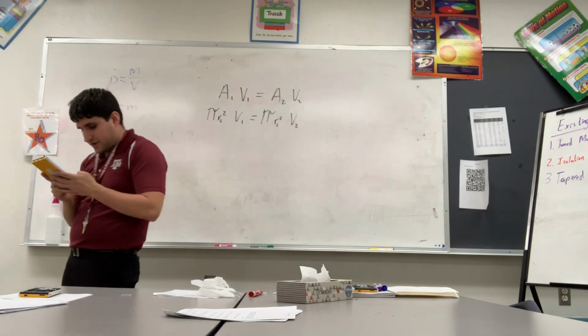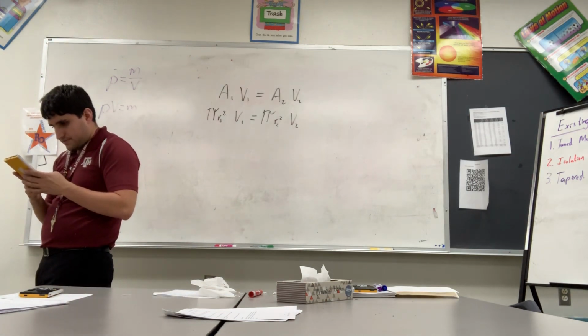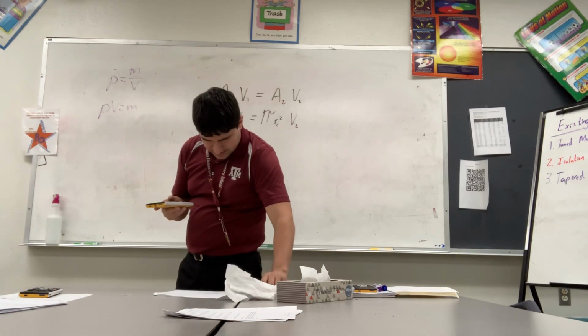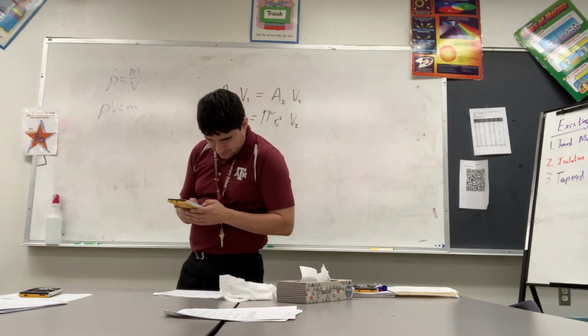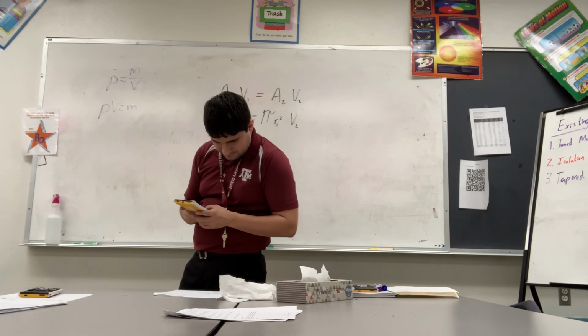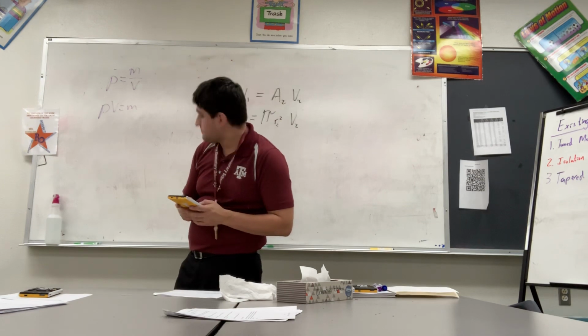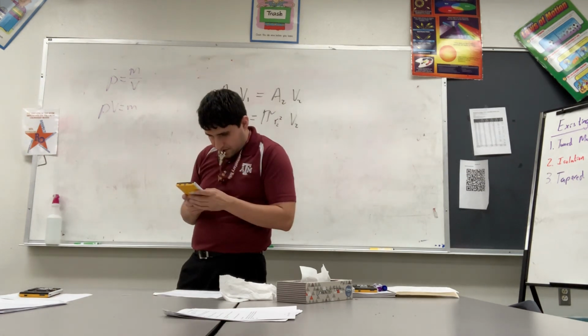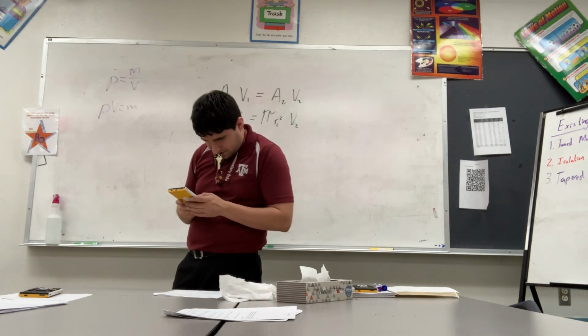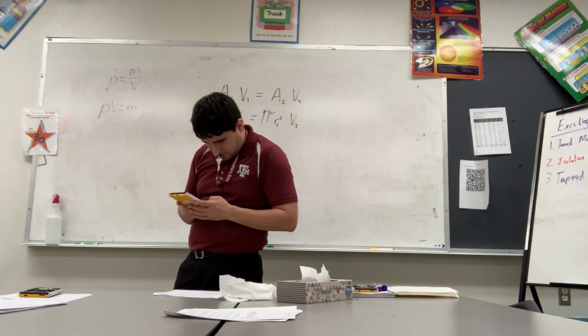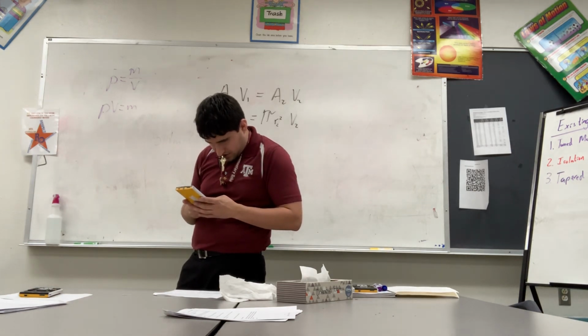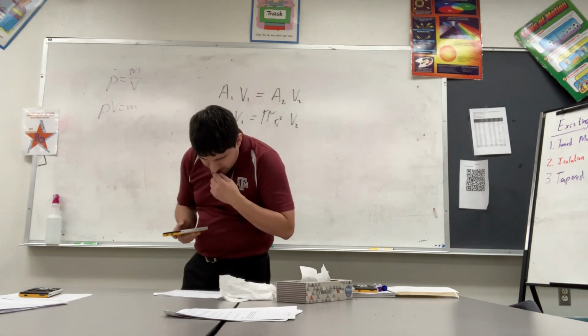Where is pi over here? No, it's 7. Oh no. 1 squared times 7 is equal to 35.